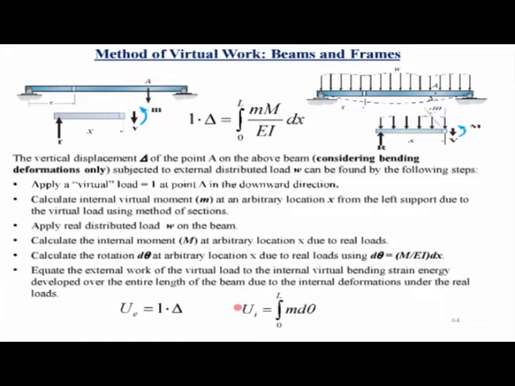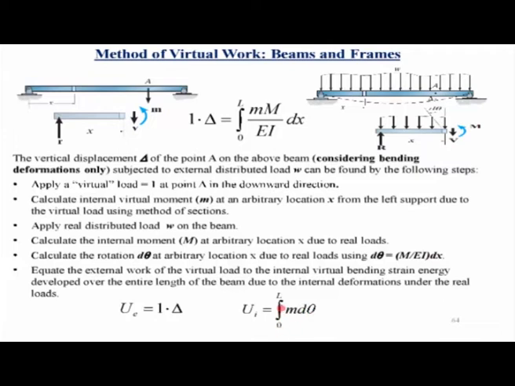So this is the external virtual work that is done after the application of the external loads. And this is the internal virtual strain energy in the beam elements due to the virtual moment and the deformation of that element due to the actually applied loads. If you want to find the internal virtual strain energy over the entire length, you integrate with respect to x from 0 to L. So d theta would be replaced by M over EI into dx.